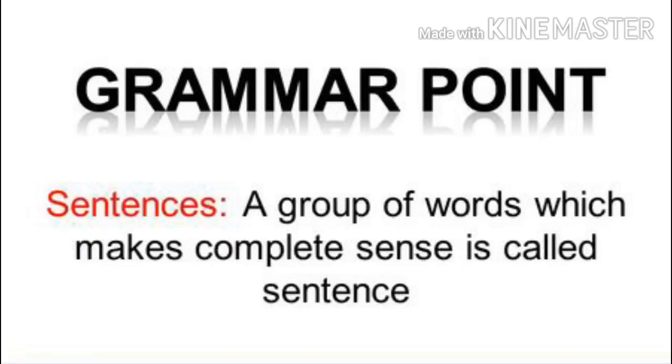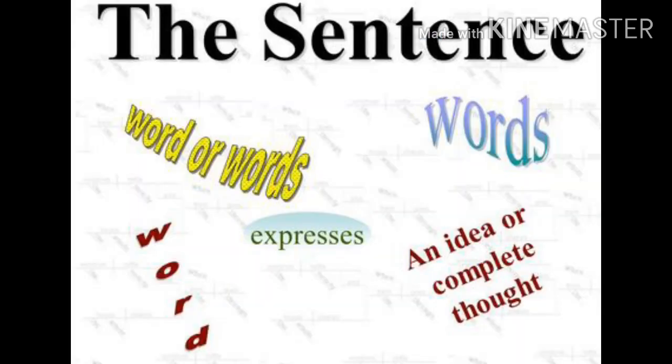We can define or explain a sentence by saying that a group of words that make complete sense is called a sentence. A group of words. Yes, there are many words like girl, sun, butterflies, plants, watering, shining, brightly.